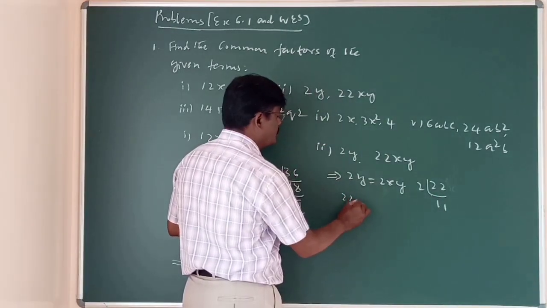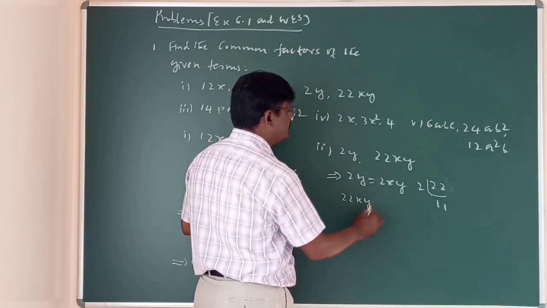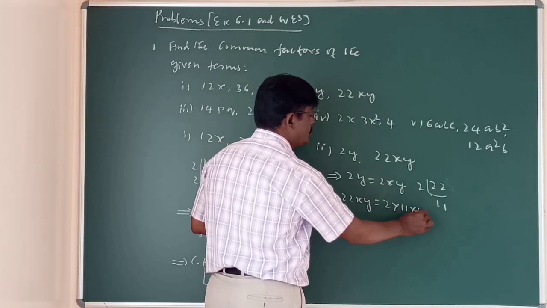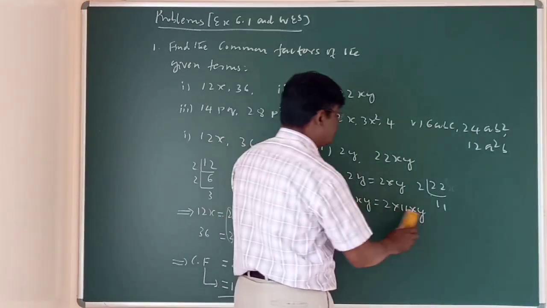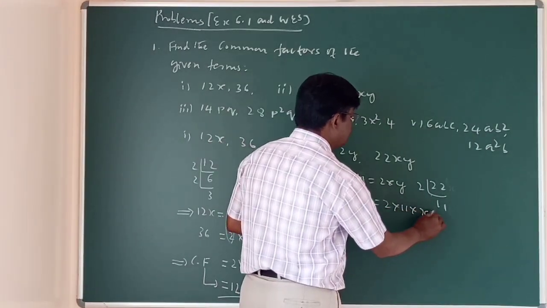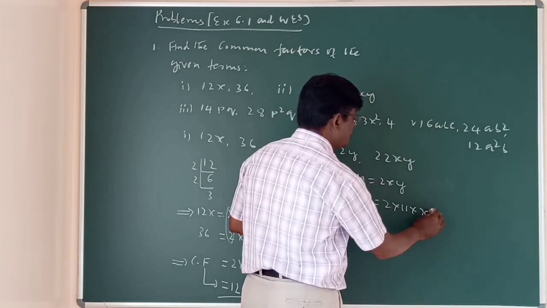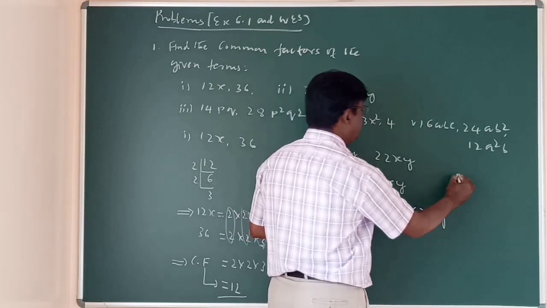Therefore 22xy can be written as 2 into 11 into x into y. 2y is 2 into y.